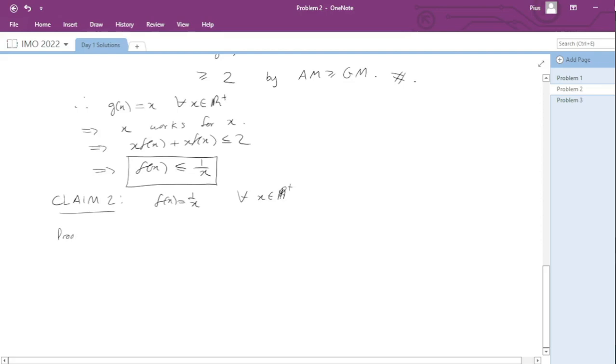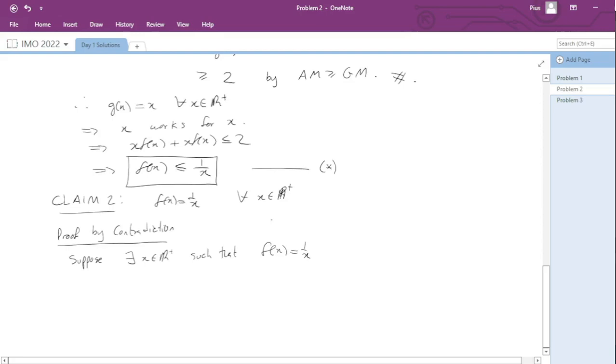Once again we're going to use proof by contradiction because that gives us more information. Without that, it's going to be difficult making any reasonable steps forward. By assuming the converse, it becomes easy for us to have control over what works and what doesn't. So in this particular case, we assume f of x is not equal to 1 over x.